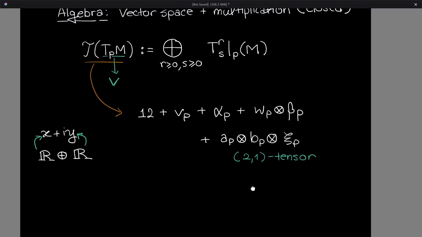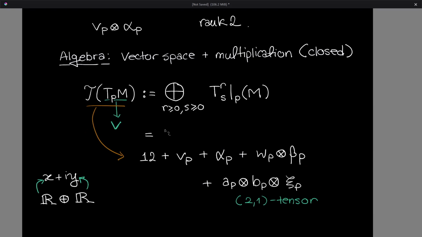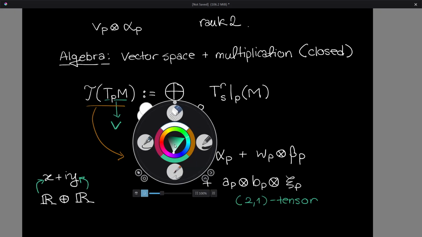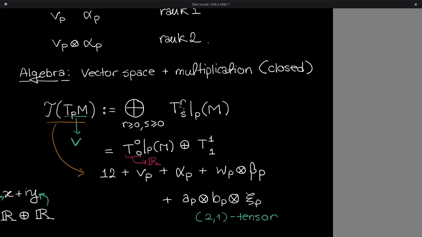And so that's where you can see that this sum over here is going to be something like T00, which we're going to define as the field, which in this case is still the reals, at P on M. And then we need to put T01.